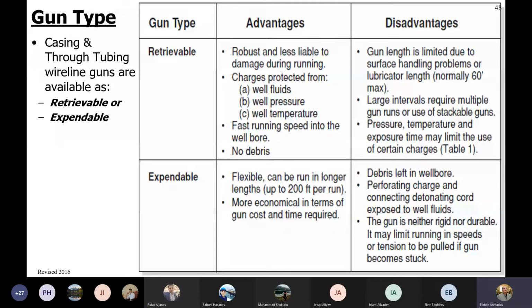Expendables, they are flexible, can be run in longer lengths because they are not so heavy, less weight, and more economical in terms of gun cost and time required, because these guns are arranged around a console type carrier.